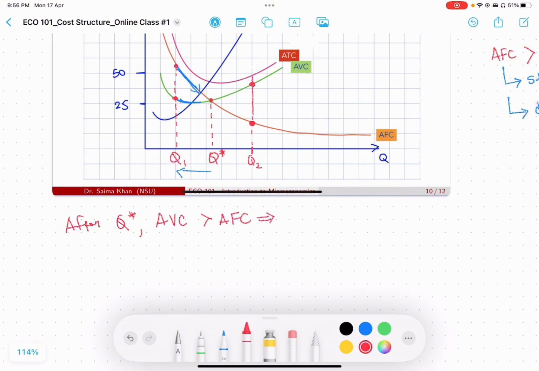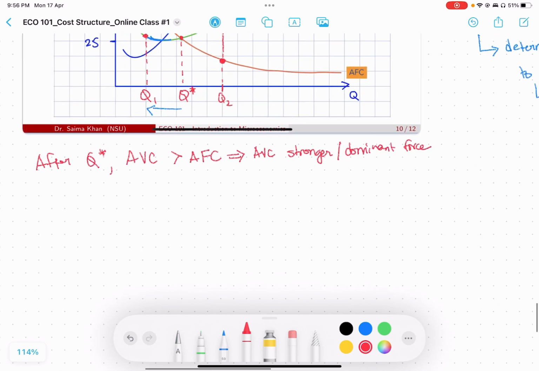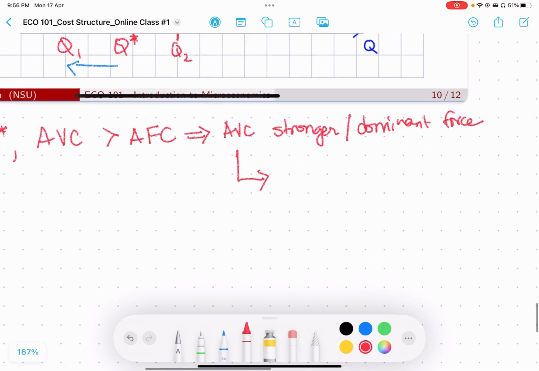So it is the average variable cost which is stronger, the dominant force. So the average variable cost is what determines the shape of the average total cost.